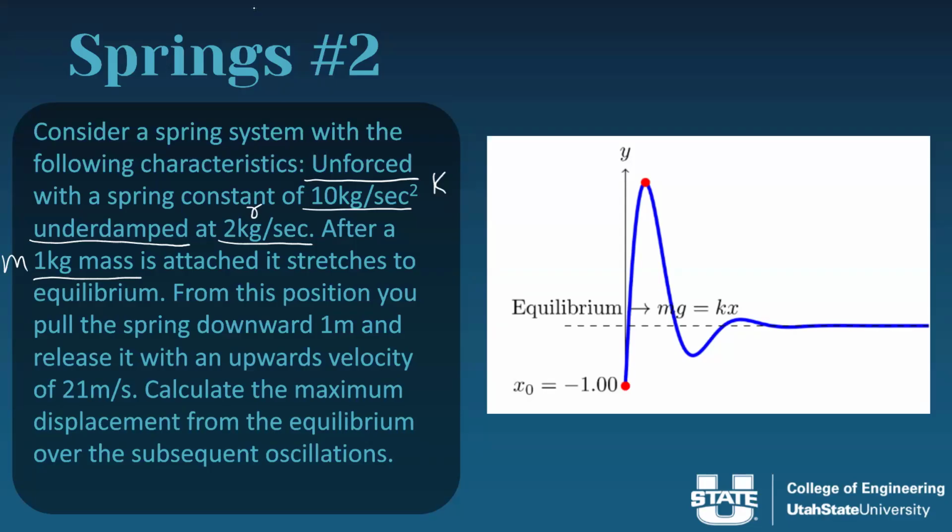From this position, you pull the spring downward 1 meter. So what is that telling us? Our y naught is not 0 in this problem. Our y naught is -1. And then we release it with an upwards velocity of 21 meters per second. Calculate the maximum displacement.